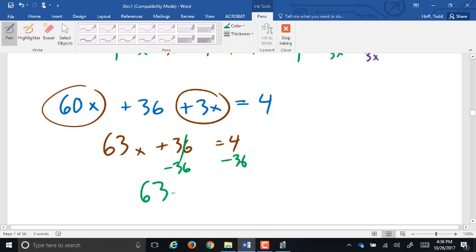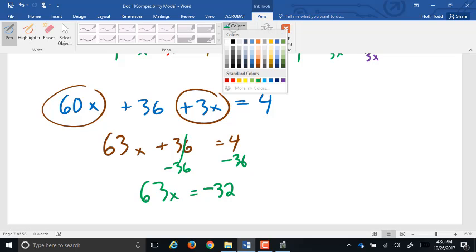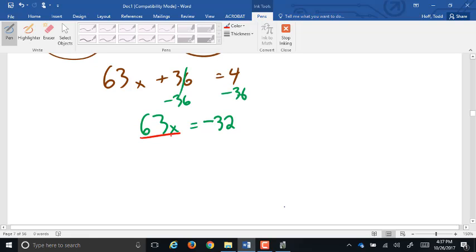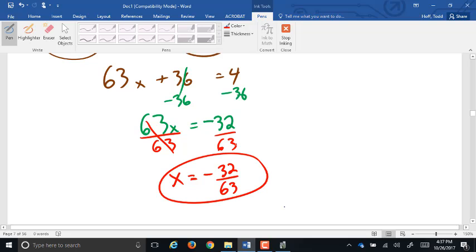So 63x equals 4 minus 36, which is a negative 32. Our final step: divide by 63. X equals, now you could divide that out and get a decimal, or you could just leave it as a negative 32 over 63. Any questions?